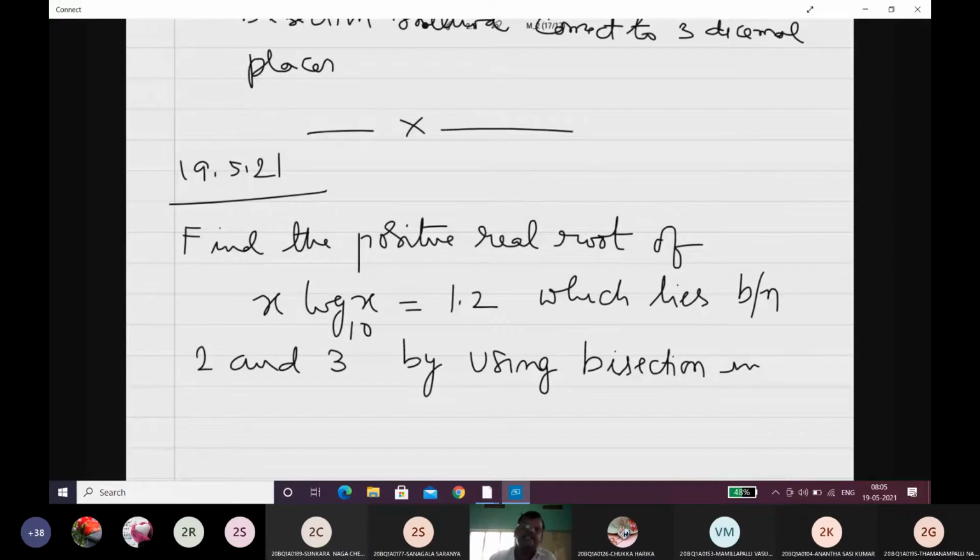That means we are doing this problem in the 6 approximations. We have to do it up to 6 stages.